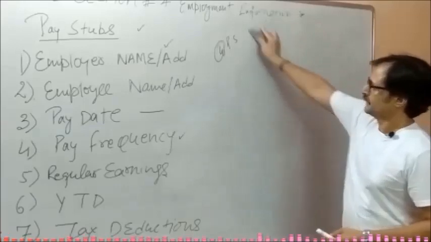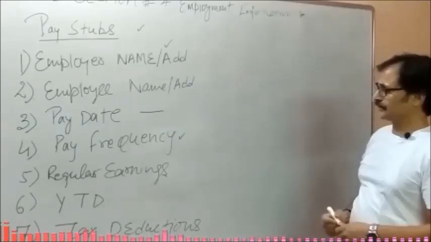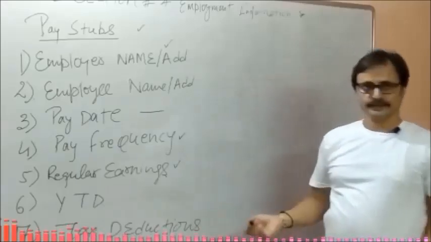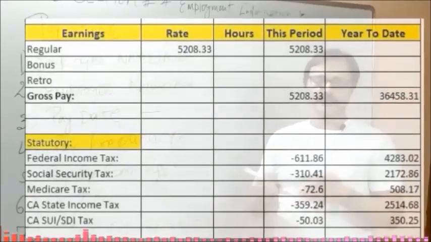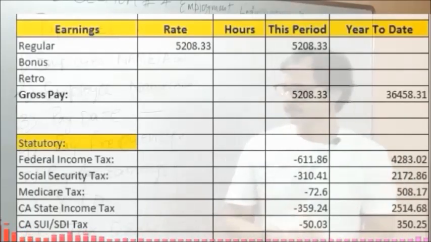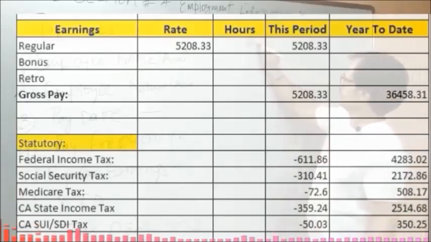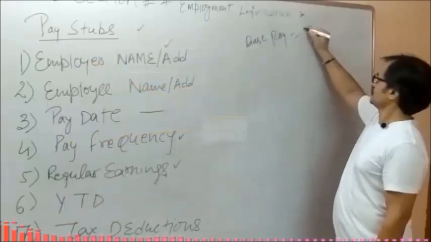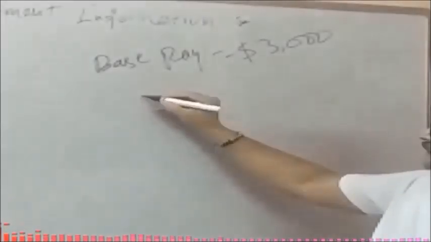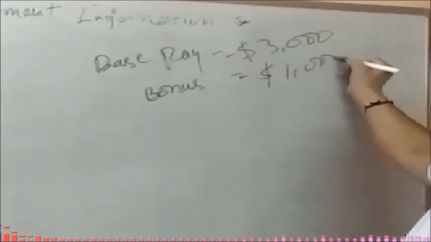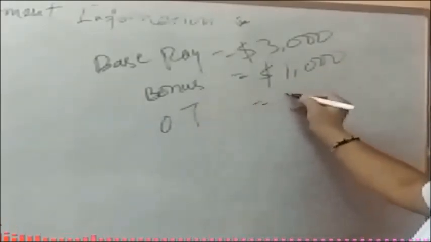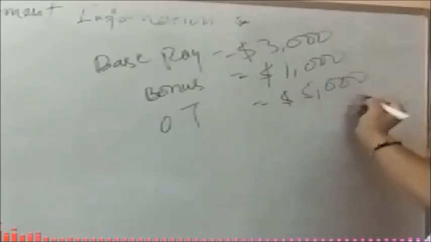Okay, let's move on to the next one, the regular earnings. If we have to calculate income, earnings should be there. So whatever the borrower's earnings are, let's say the borrower's base pay is $3,000, and then the borrower is paid a bonus of $1,000, and maybe he also did some OT, $500 in the month.